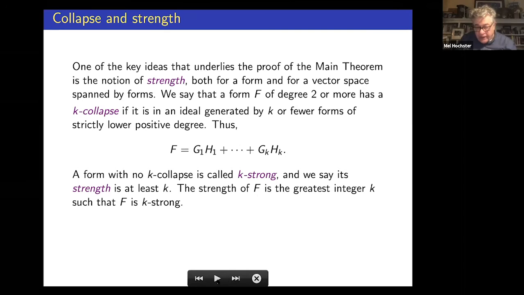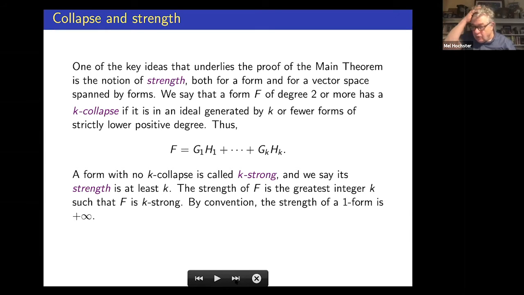You can write it as a sum of multiples of things of degree 1. But the interesting case is where K is much smaller than the number of variables. Now, degree 1 forms can never be written in terms of things of lower degree. So we define the strength to be plus infinity. They have no collapse.